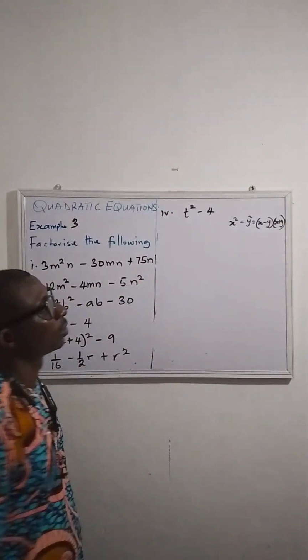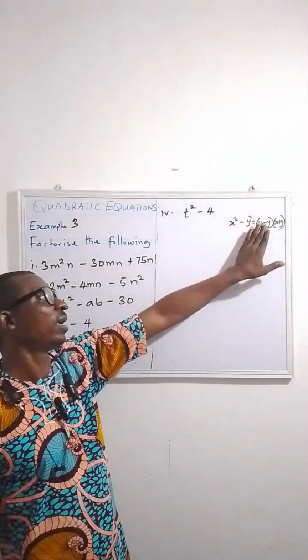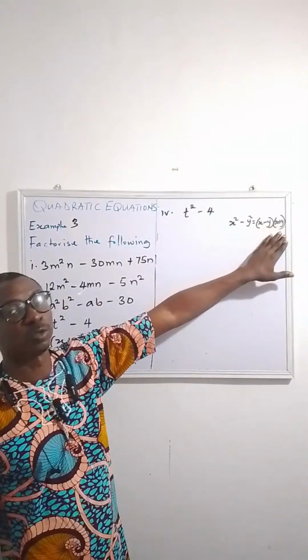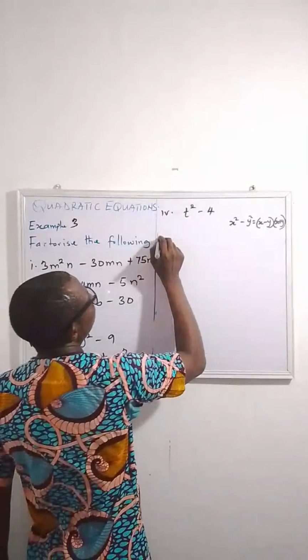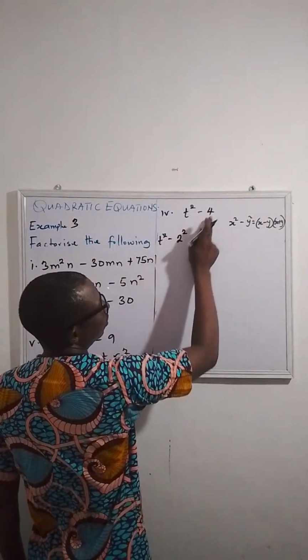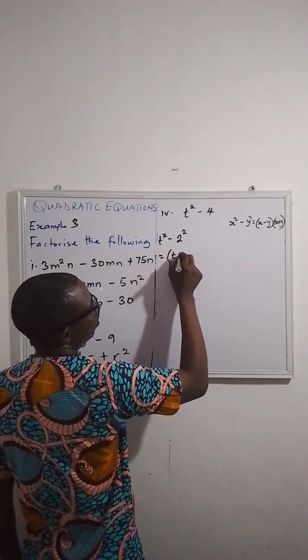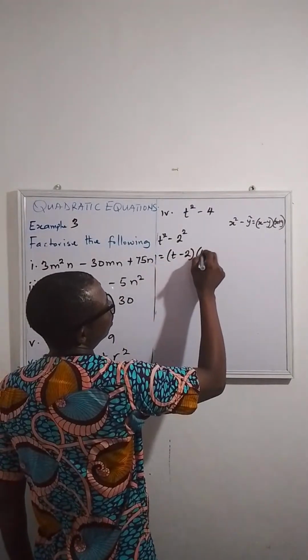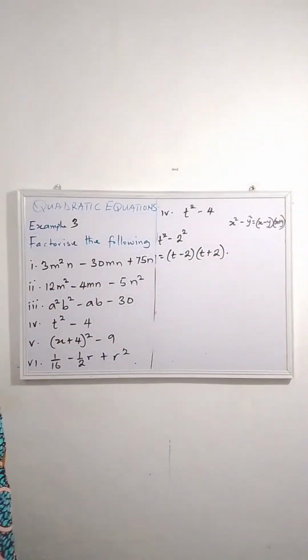Okay. So once we have subtraction of two squares, you have x minus y, x plus y. So I'm going to express this as t squared minus 2 squared. You understand now? Because this is the same thing as 4. So that means the result is going to be t minus 2, t plus 2. So that's the answer to that.